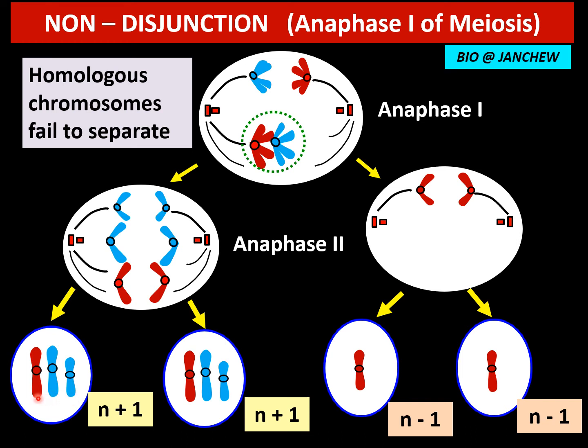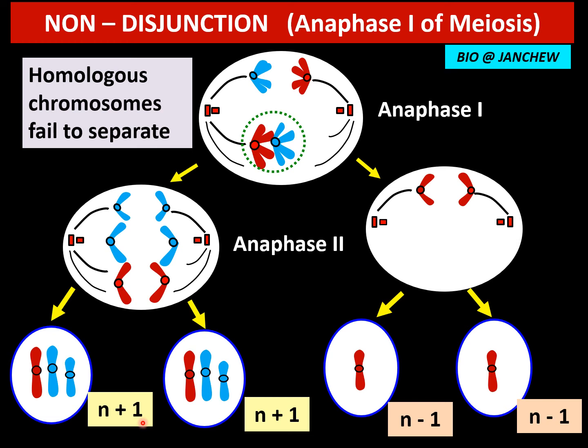But here you have 2 copies of chromosome number 21 in the gamete. So if this gamete were to undergo fertilization with a normal gamete, it will form a zygote with an extra chromosome 21. There will be 3 chromosome 21 in the zygote.